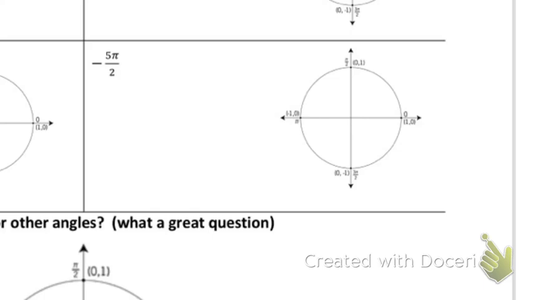So in this case, we have -5 pi over 2. If you add 2 pi to it, and go ahead and try it, does it make it positive? Does 2 pi work? Nope. We have to do it again.